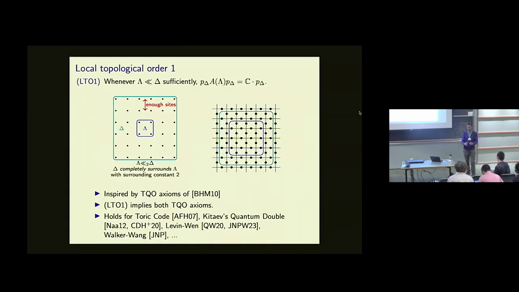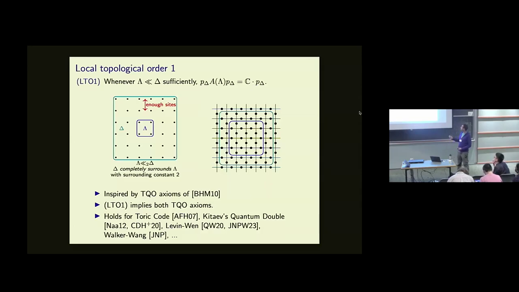If I take the local operators that are localized in lambda, and I compress them by a large enough projection surrounding it, I get a scalar times that projection. This is a generalization of the TQO axioms of Bravyi, Hastings, and Michalakis. There, they just look at a finite system with a commuting projector, frustration-free local Hamiltonian, and they take the projection onto the ground state and compress by that.